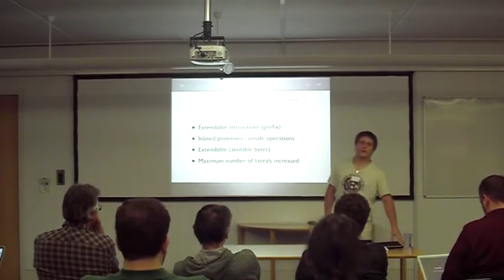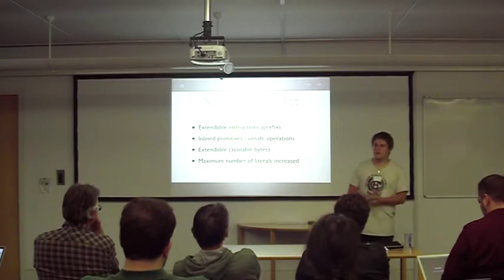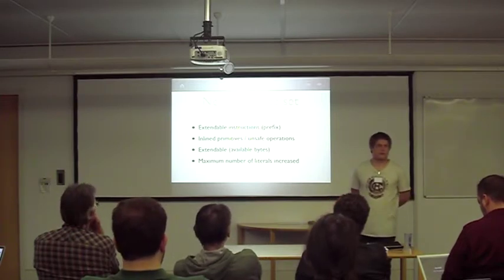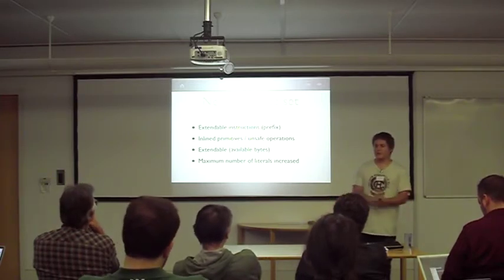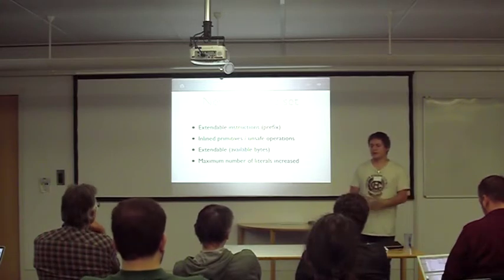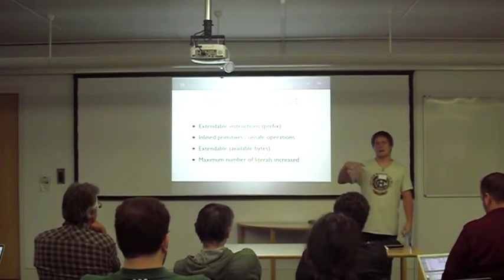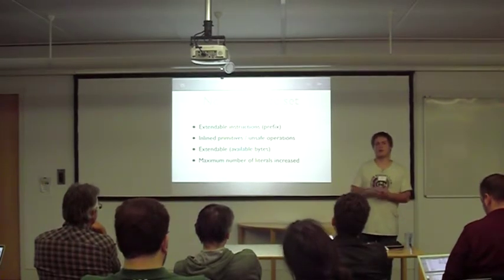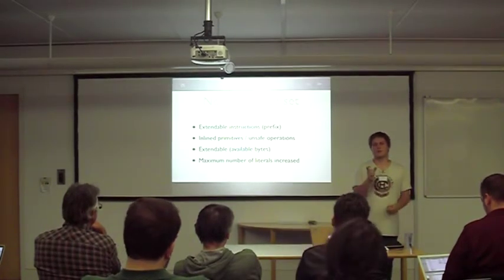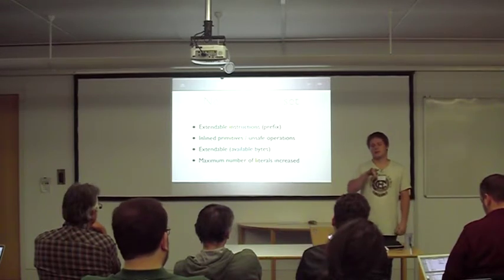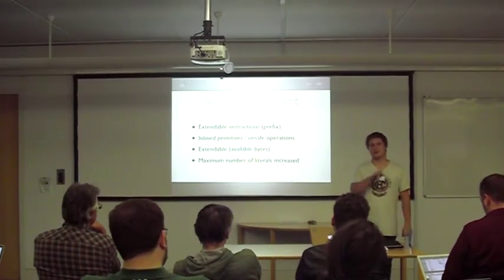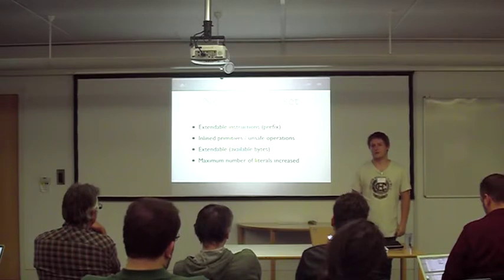I'm not going into detail about all the new bytecode set features, so you can have a look at the paper. But basically, what we added is a prefix instruction, a specific bytecode that will extend the next instruction. For example, if you have a jump that is encoded in 2 bytes, the first byte tells the interpreter that it's a jump, and the second byte is the distance of the jump.